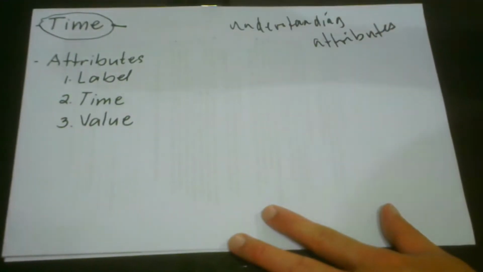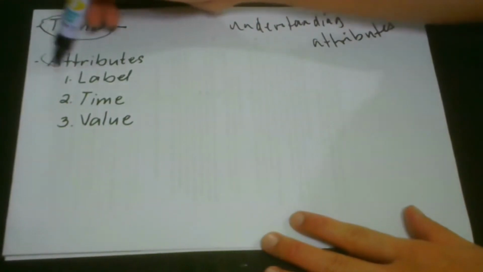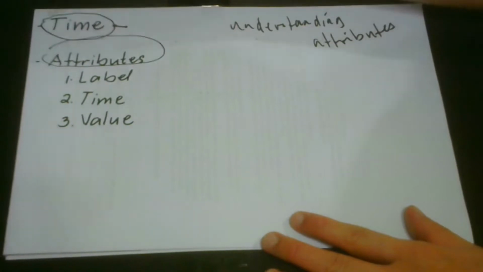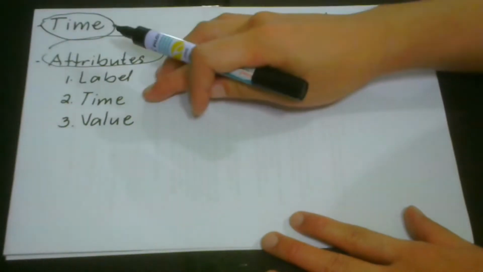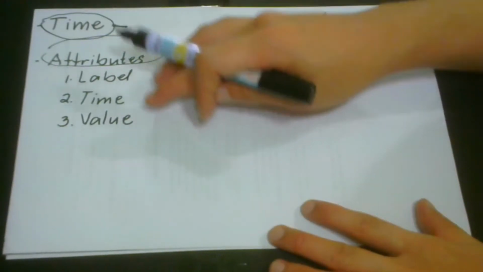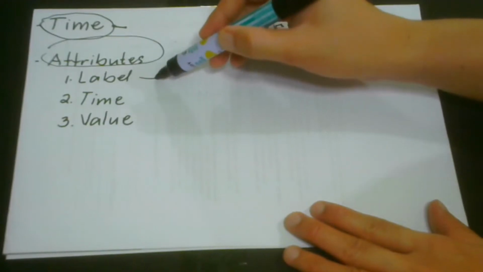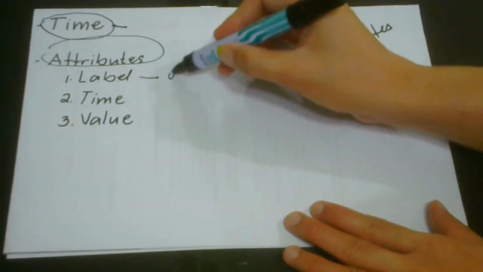With that, we have to understand that in time series, there are three attributes that we have to take note of. The first one is label, the second one is time, and the third one is value. So what is each one of them all about? When we say label, it identifies an object.